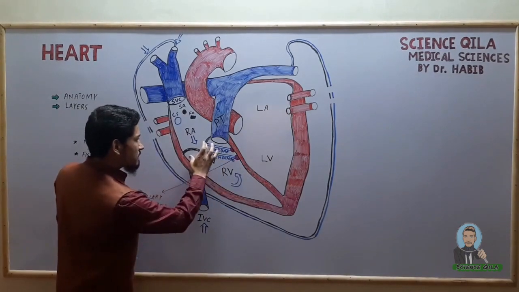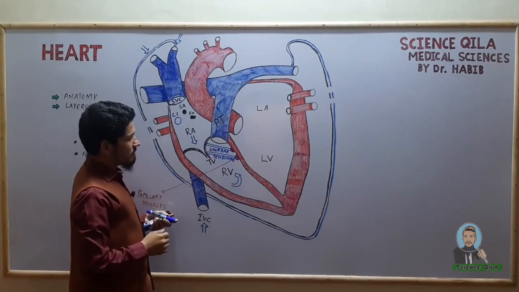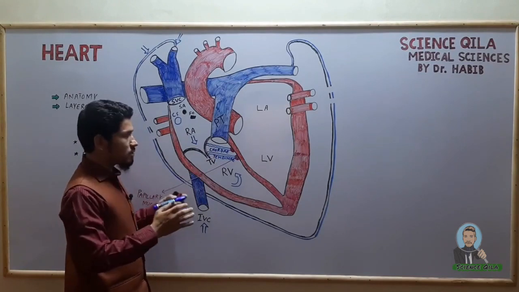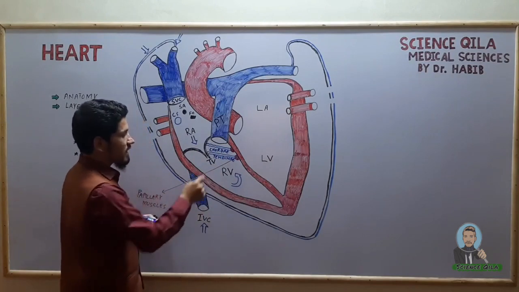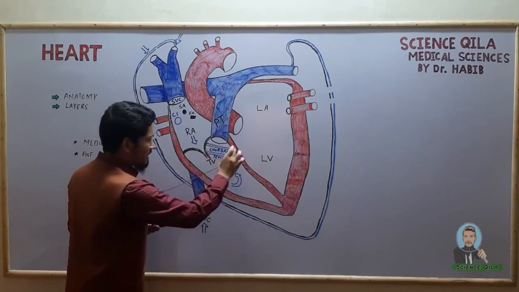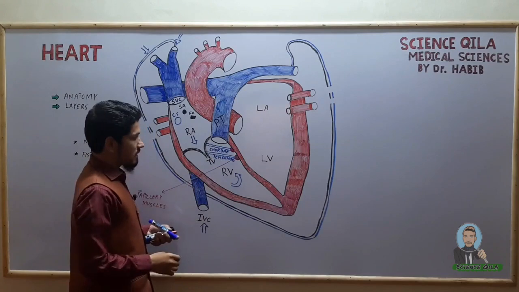So these cusps or flaps of the valves are tightly positioned in their place by these thread-like collagen cords. We call them chordae tendineae, and these are linked to the papillary muscles.